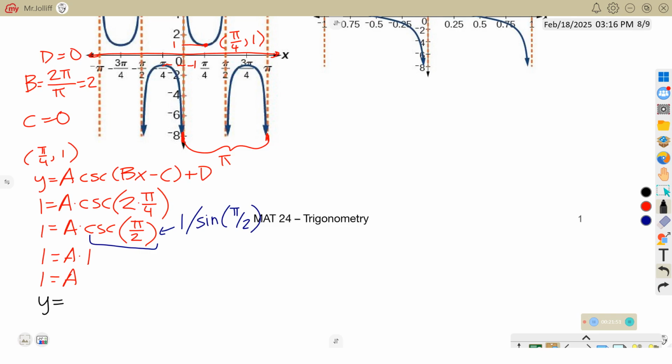Y equals, if a is 1, do I really need to write the 1 out in front? No, because anything times 1 is itself. Cosecant of 2x. A is 1, b is 2, c is 0, d is 0.